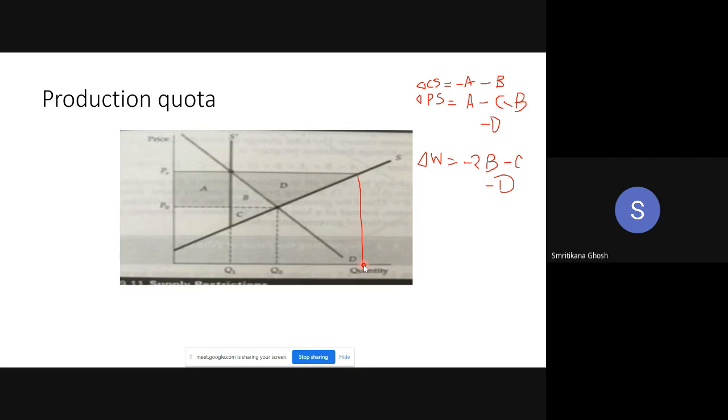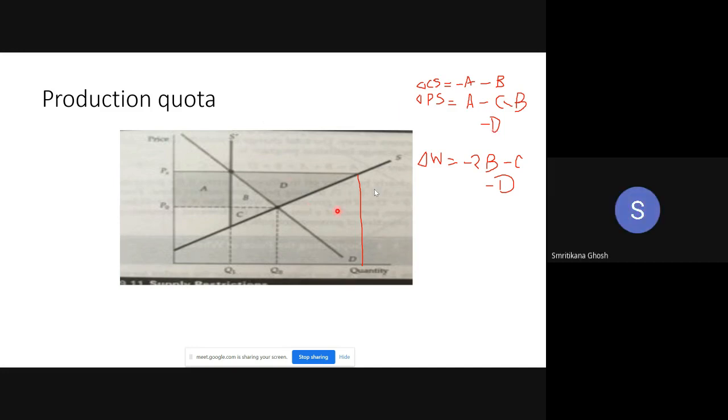But the government is saying, no, whatever be the price, you can sell only this quantity. So in that respect, producers are also sacrificing the B and D part of their welfare. That is why minus B and minus D, as it is the sacrifice. Okay, ma'am.